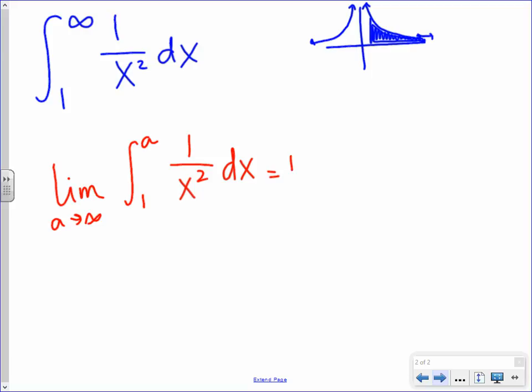Okay. So we have the limit as a approaches infinity. What's the antiderivative for 1 over x squared? Negative 1 over x. So we have negative 1 over x evaluated from 1 to a.